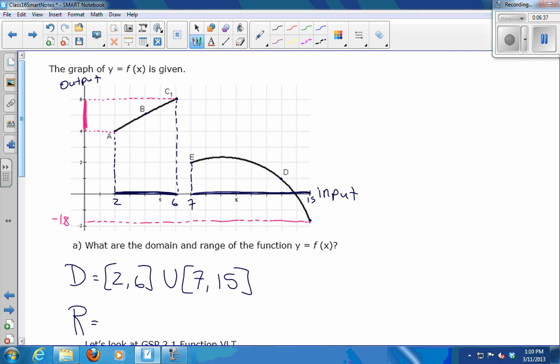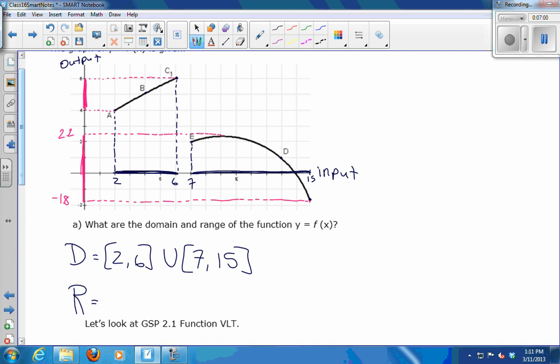And then where's the biggest y value? I'm going to go to the highest point on the graph. 2.2, 2.3, I don't know, it's an estimate. And then my function lives on those y values. So the range is going to be negative 1.8 to 2.2, unioned with 4 to 6.